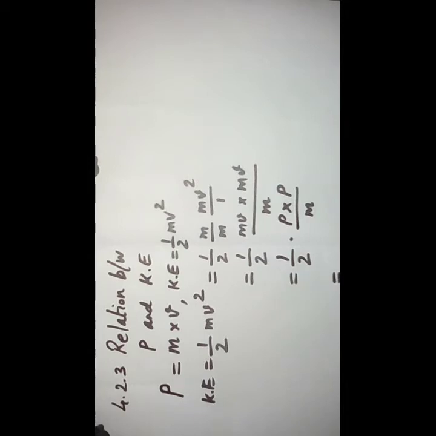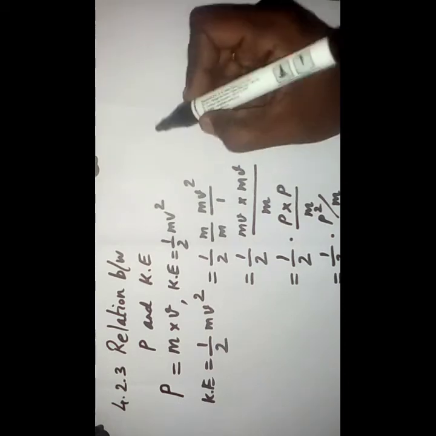So this is equal to 1 by 2 multiplied by P square by m. So what we get?